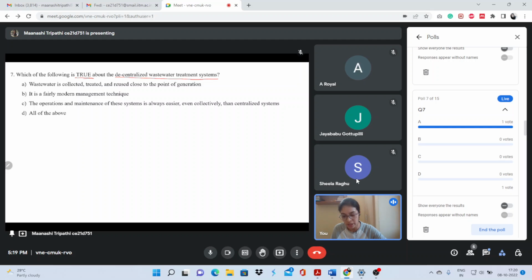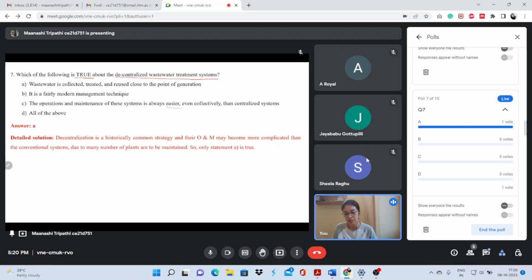So wastewater is collected, treated and reused close to point of generation. It is fairly modern management technique. The operation and maintenance of these systems is always easier, even collectively than centralized system. Okay, we'll see. So the answer is A.